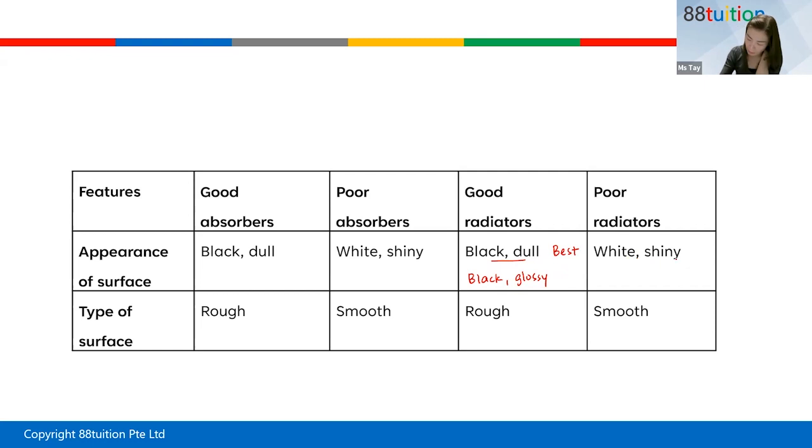And then white, shiny, compared to silver. Shouldn't put best radiator. It's the best reflector. So worst.